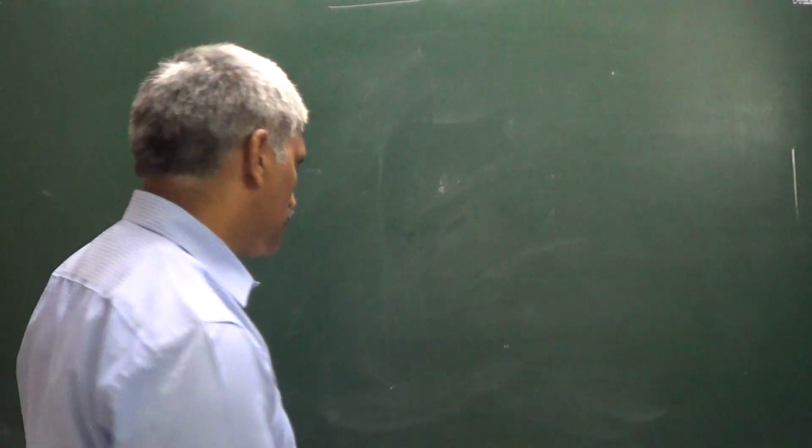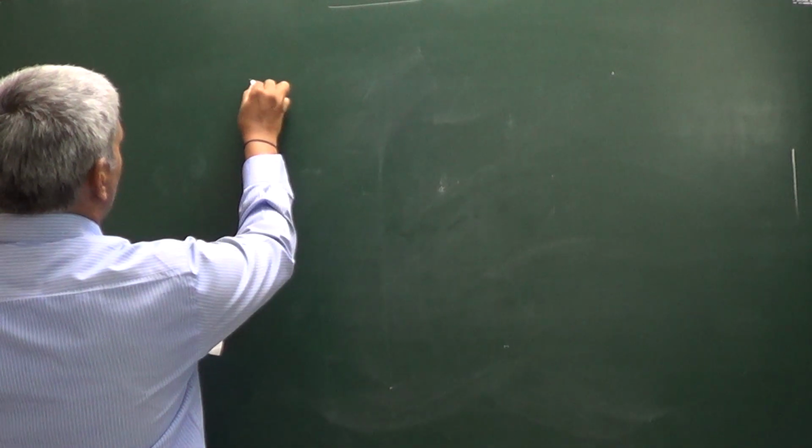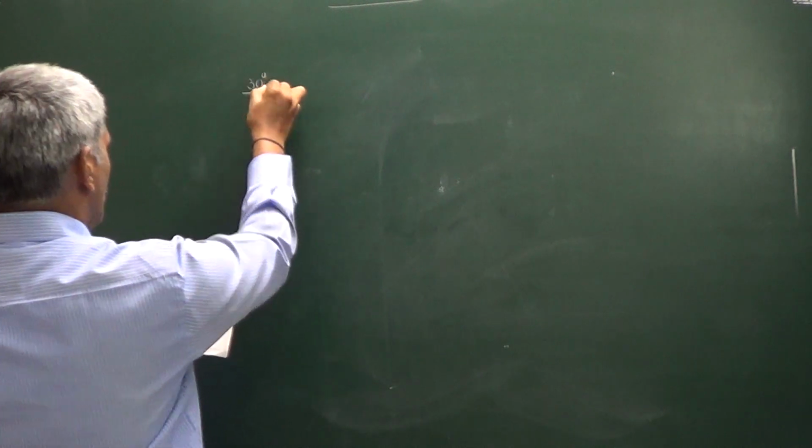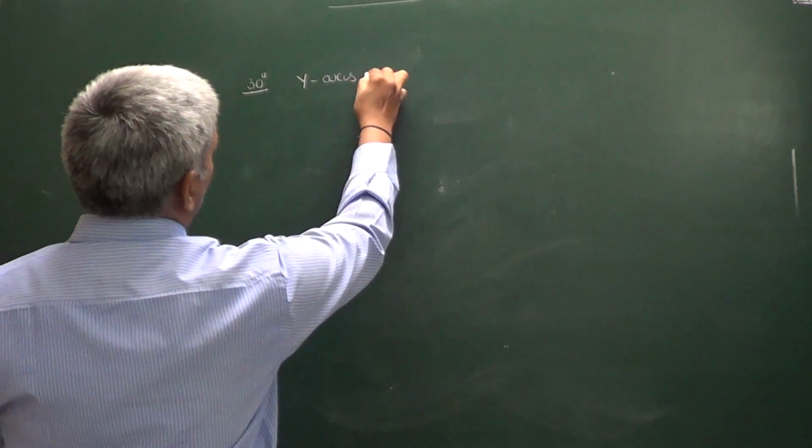So we can discuss a few applications based on this. The first question is given like this. Find the slope of a line which makes an angle 30 degrees with the positive direction of y-axis in anti-clockwise direction.